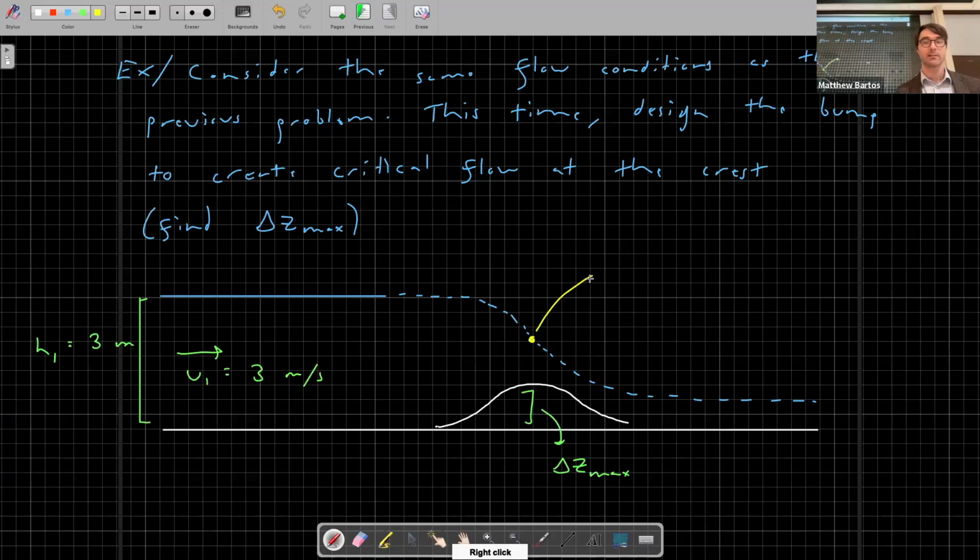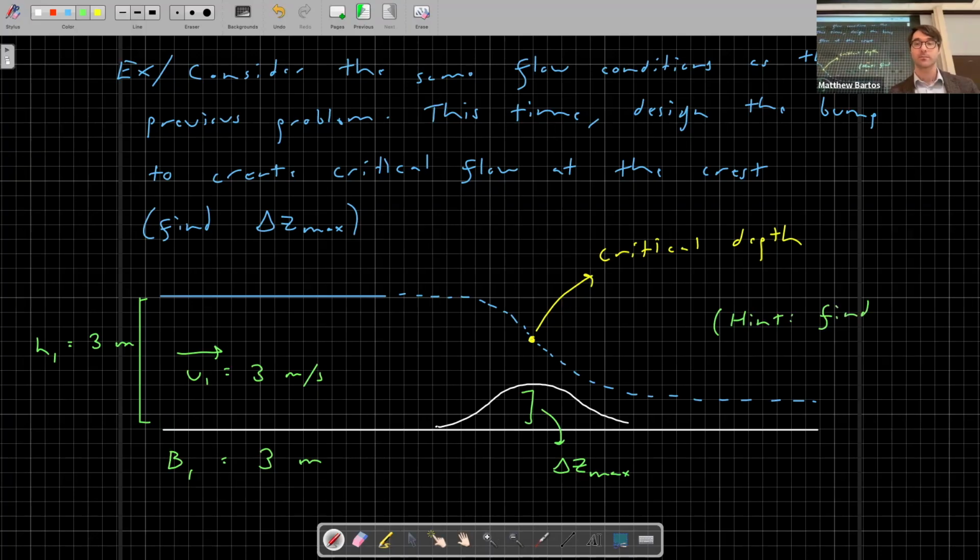So this here is your critical depth. And for reference, B1 is equal to 3 meters as well. I'll say as a hint, you're going to want to find the critical depth first.